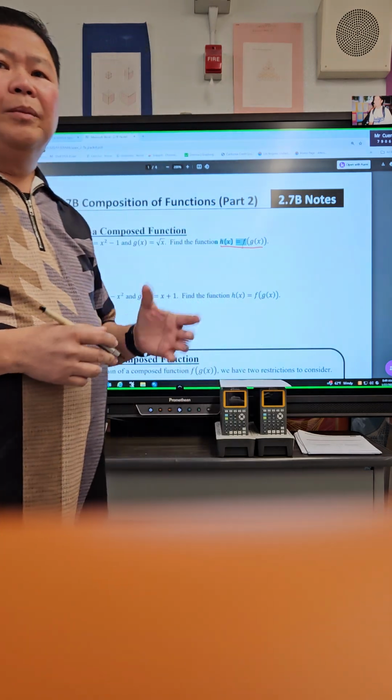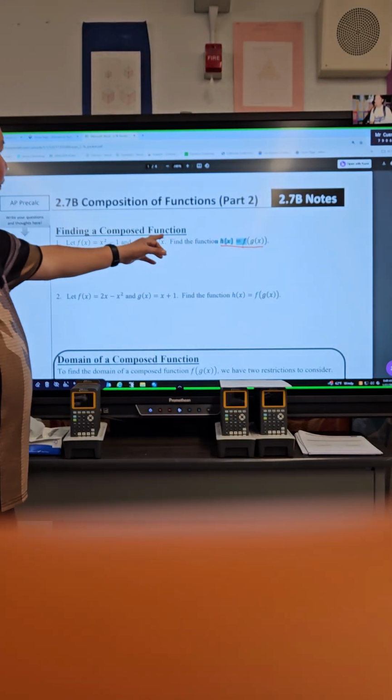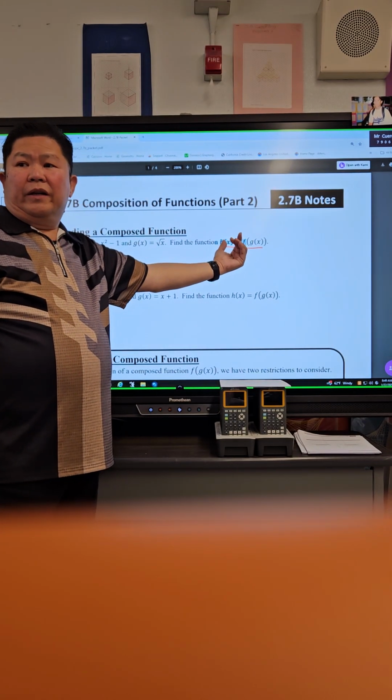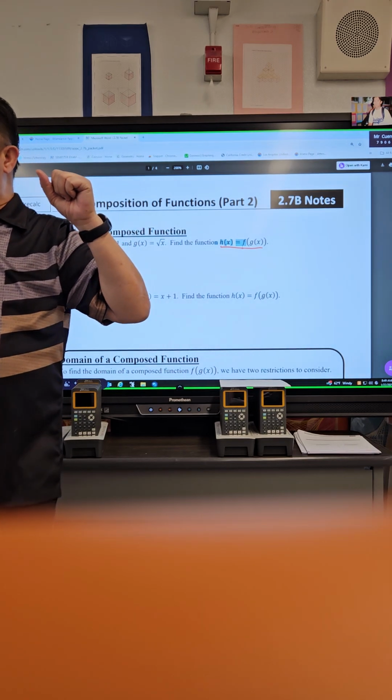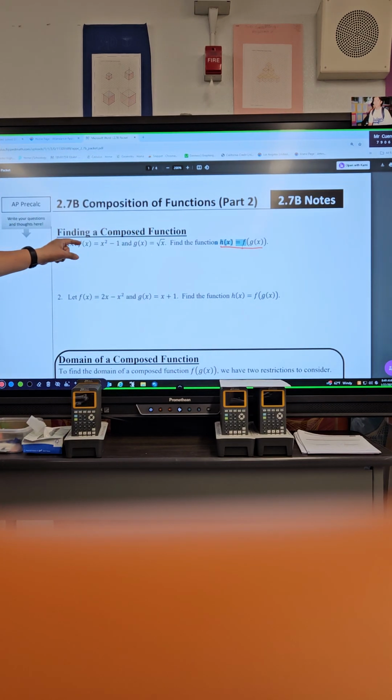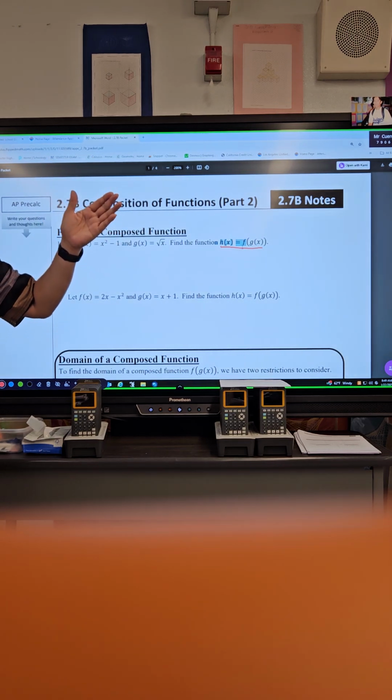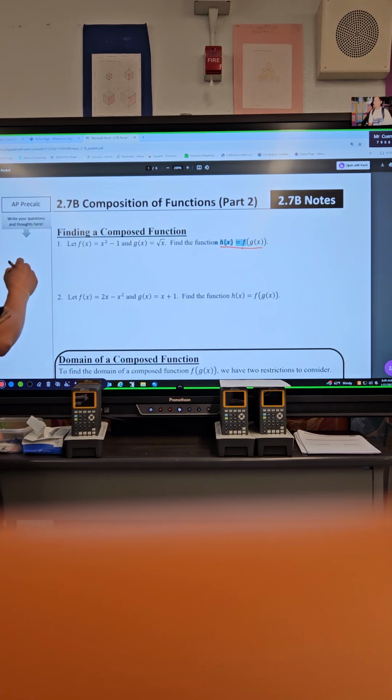Okay, but when we look at this, the f function is outside and the g function is inside. Therefore, from the given right here, we're gonna copy this, but since this is x squared, you're gonna put that in parentheses, make some space such as this.